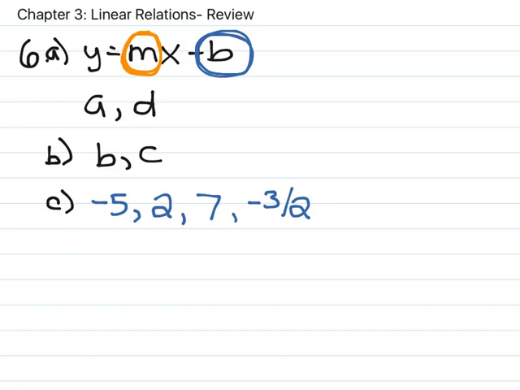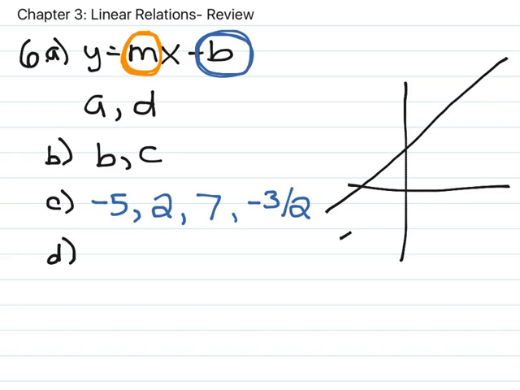For part D, they want an equation of a line that is parallel to each of these lines. So in order for something to be parallel, you want a line like this one and this one. When you're looking at what's different, you'll notice that the slopes are the same because they're increasing or decreasing at the same rate.